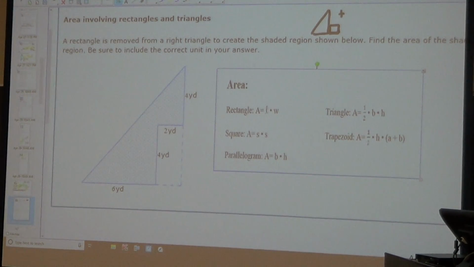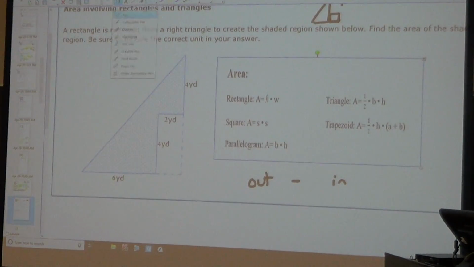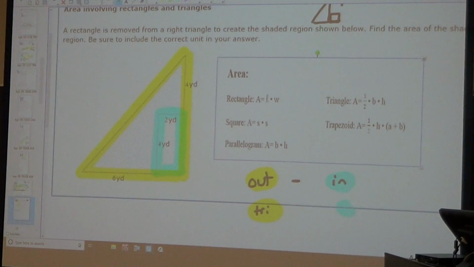Now, you always start with the outside shape and then the inside shape. Okay? So in this problem, my outside shape is my triangle. My inside shape is my rectangle, and we are subtracting because I'm tearing part of that triangle away.